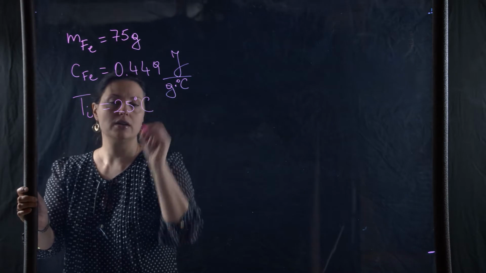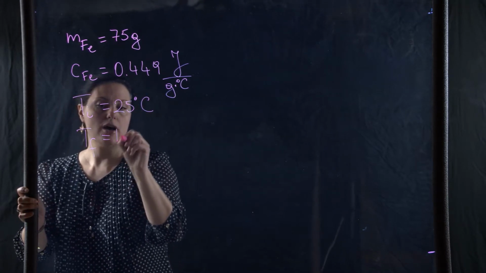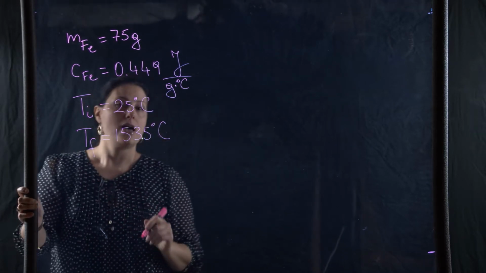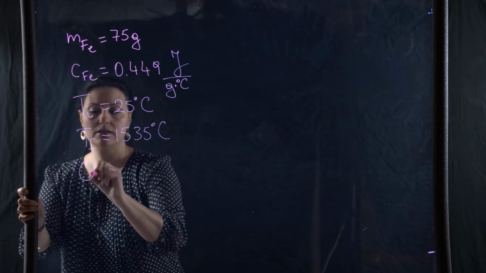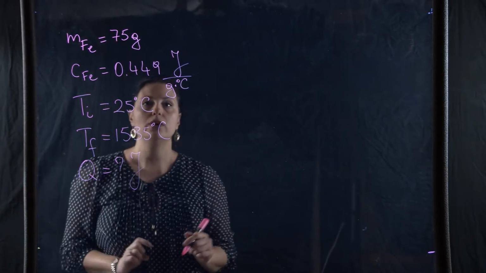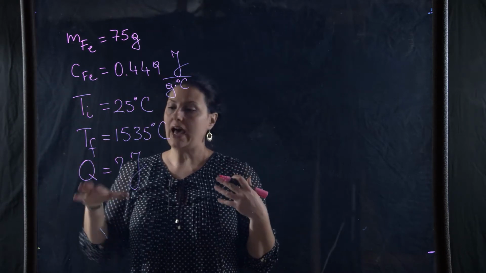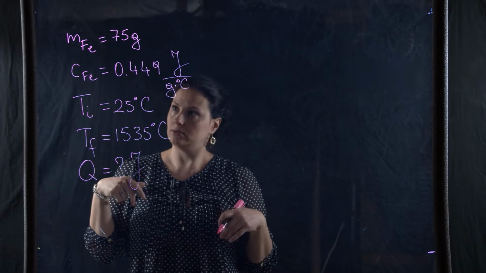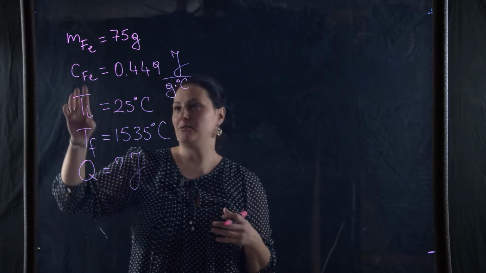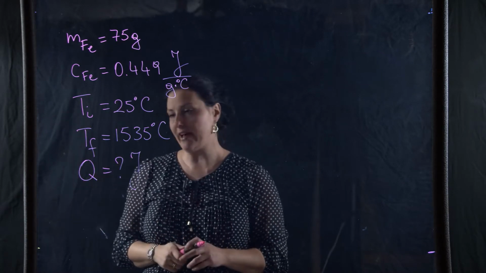That's where I start. And I'm raising the temperature to a final temperature of 1535 degrees Celsius. I am then asked to find how much heat in joules I'm required to put into the system to raise the temperature from 25 to 1535.